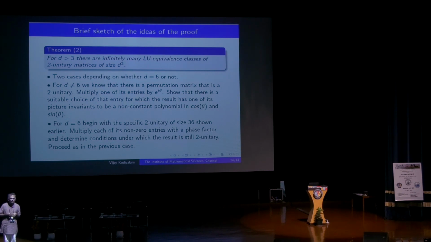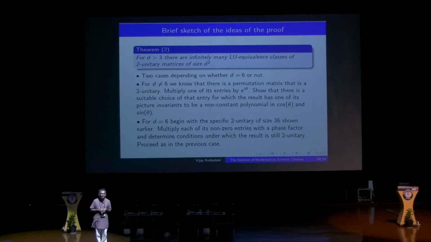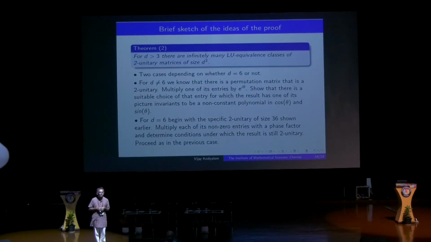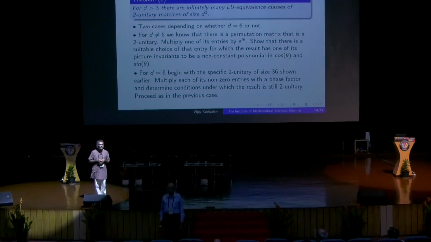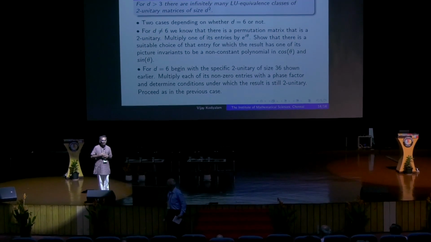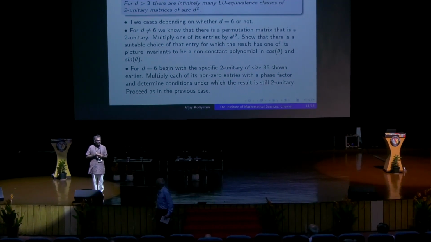Does your description hold for decimal numbers only, or can it be extended to bits and applied to cryptography? I don't know what kind of application. There is something called quantum cryptography. I don't know much about it, so I don't understand the question.